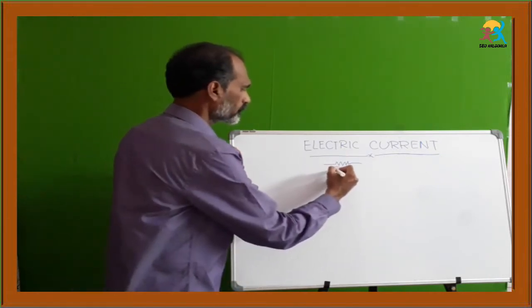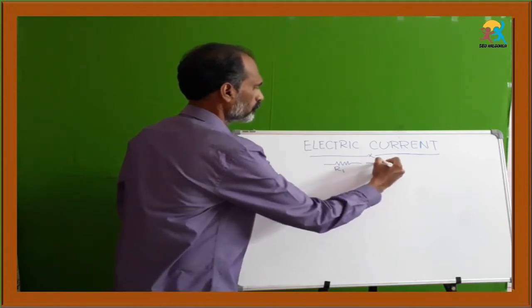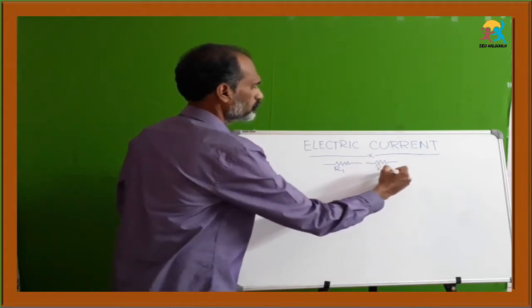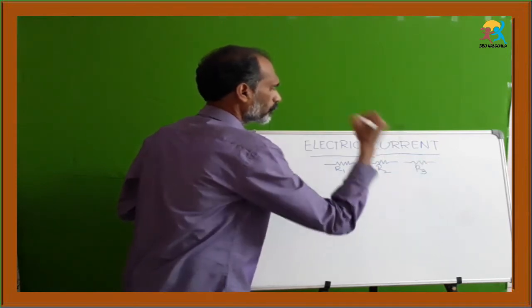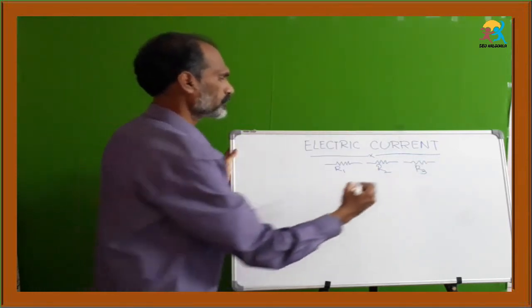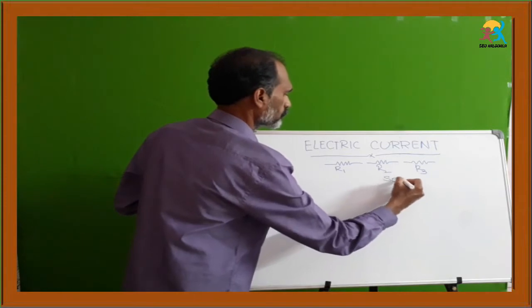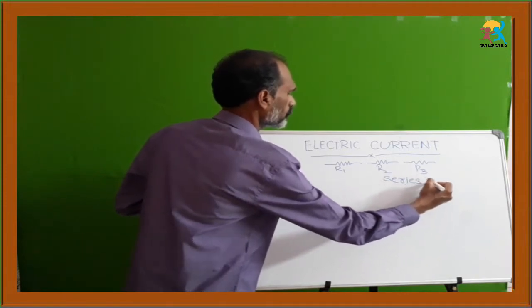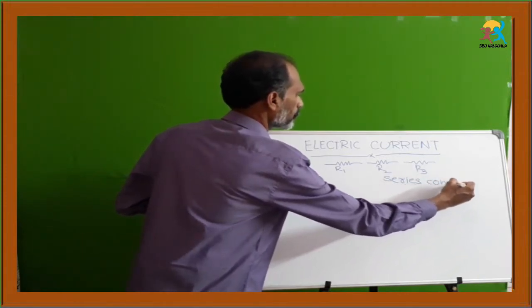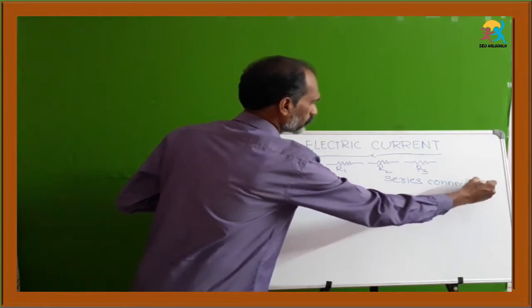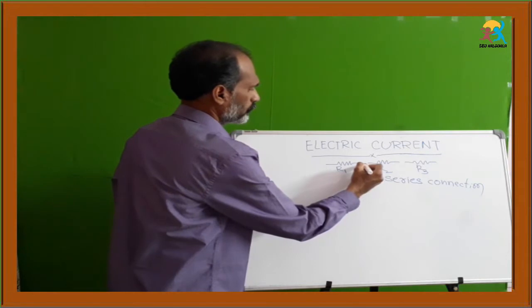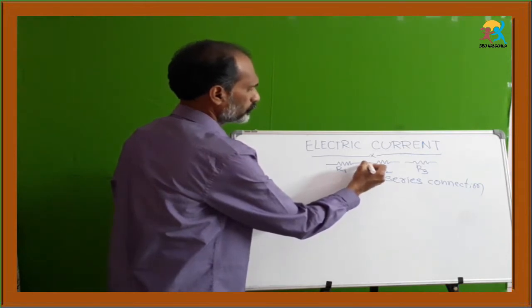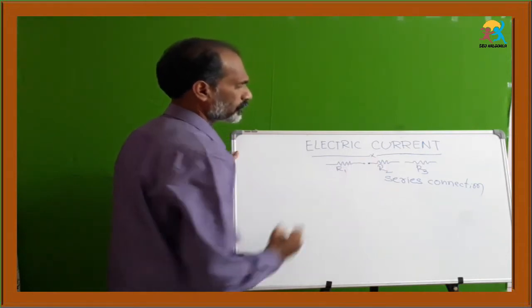Let us take three resistors, R1, R2 and R3. Okay, now we will discuss the series connection. In this connection, one end of the first resistor is connected to the first end of the second resistor.